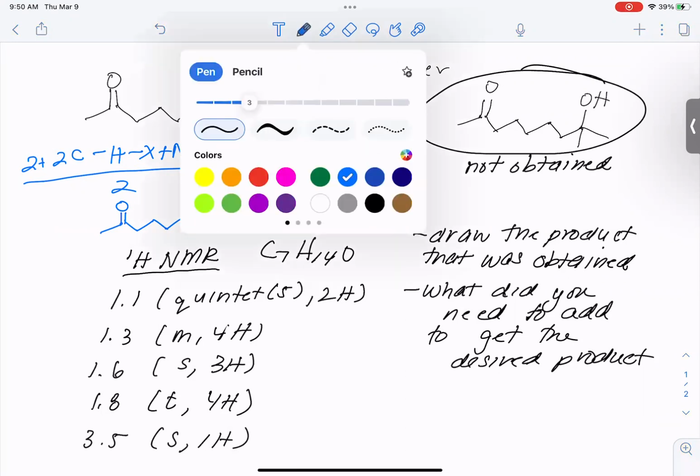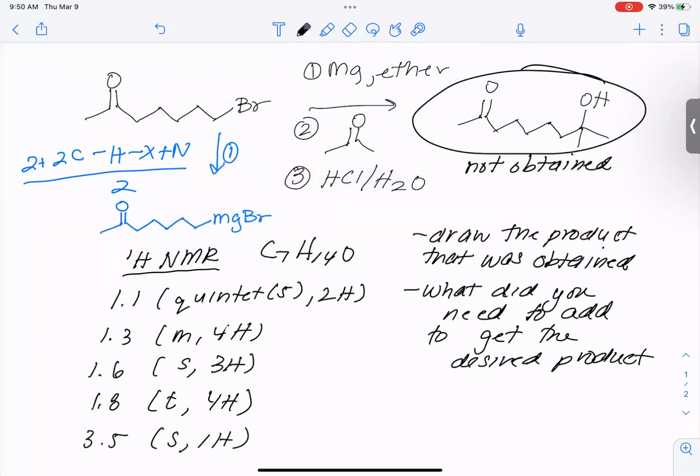We can have an intramolecular reaction. This is a very reactive nucleophile. 1, 2, 3, 4, 5, 6. So prior to step 2 even happening, prior to you adding that acetone, you're going to have an intramolecular reaction where you get a 6-membered ring.